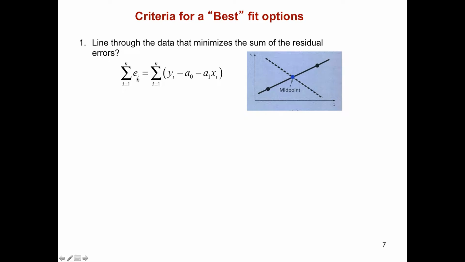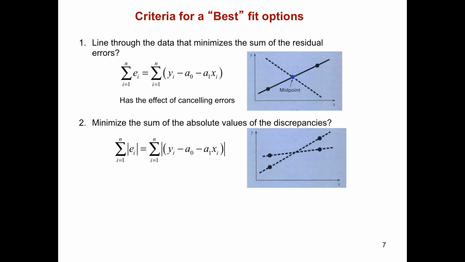So maybe we shouldn't look at just E's. Maybe I should take absolute values of those E's. That could work, except that again, if I have these 4 points and I'm looking at the absolute values, if I strike a line through these 2 points, then the other 2, this distance plus this distance, is my error.